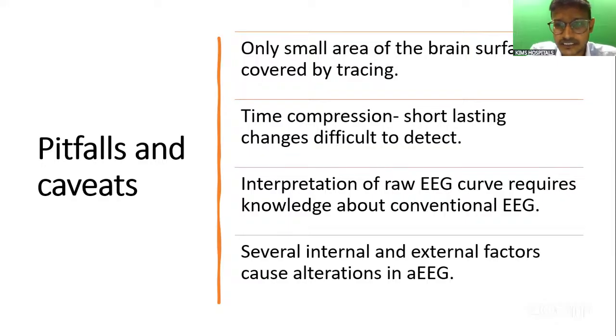And interpretation of raw EEG curves requires some knowledge about conventional EEG. There are also many internal and external factors, like the electrodes which we are using to pick up the electrical activity, any hemorrhage, or any scalp edema. These are all factors which can impact the understanding of amplitude EEG.